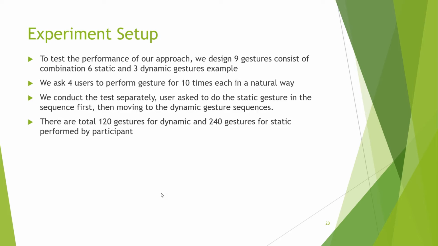Each gesture is performed in around 100 to 200 frames, and especially for dynamic gestures the frame number differs. We conducted the test separately: users did the static gestures first, then the dynamic gestures. In total there are 120 dynamic gestures and 240 static gestures, each around 100 to 200 frames.